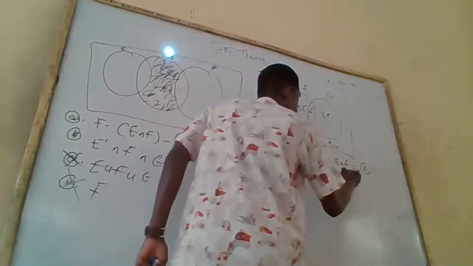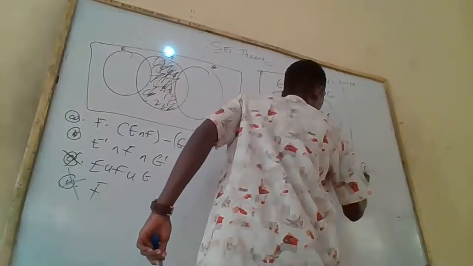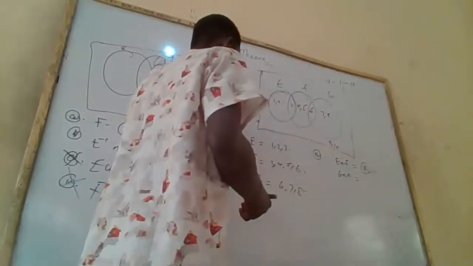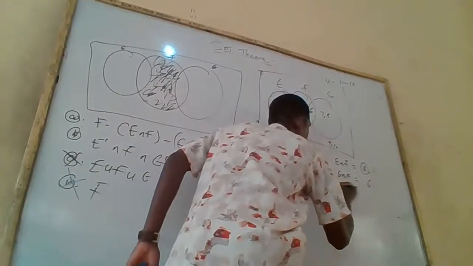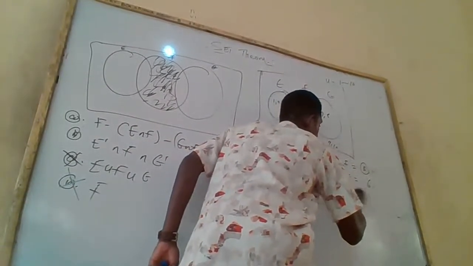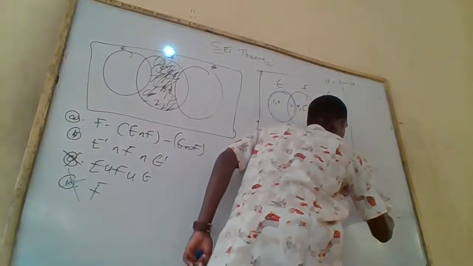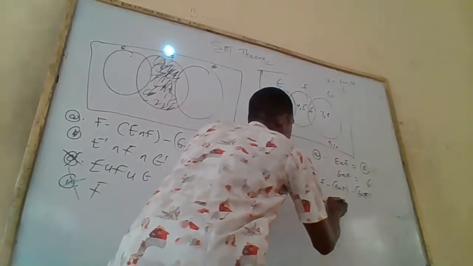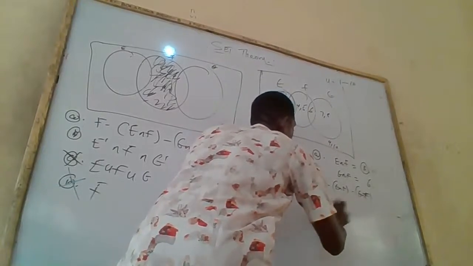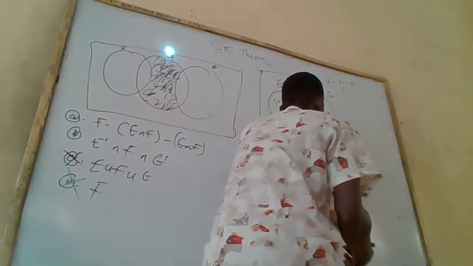Good. Now, what is G intersection F? 6. Now, listen very carefully. So I want to do F minus E intersection F, minus G intersection F. Now, what's my F? 3, 4, 5, 6, right? Minus what is E intersection F?